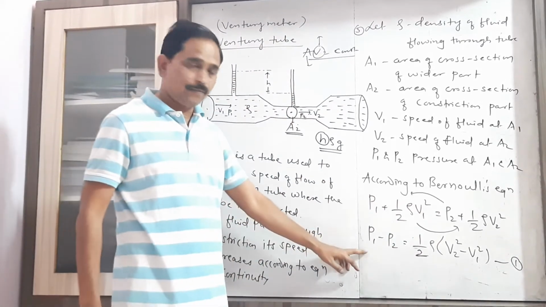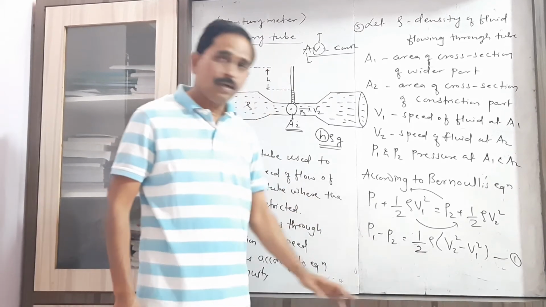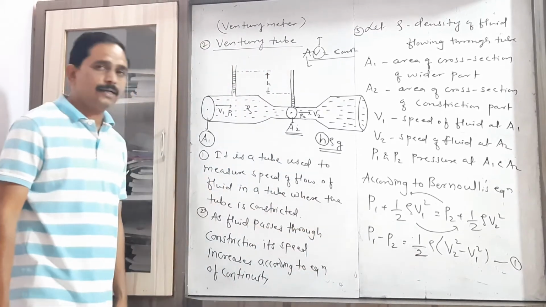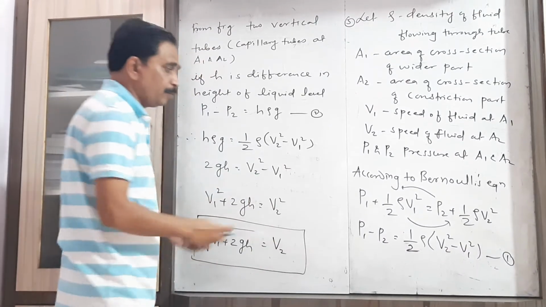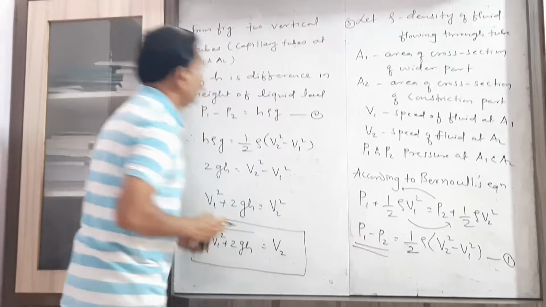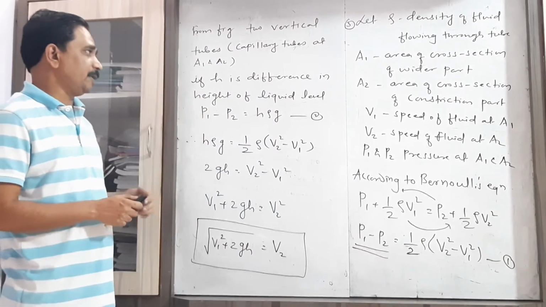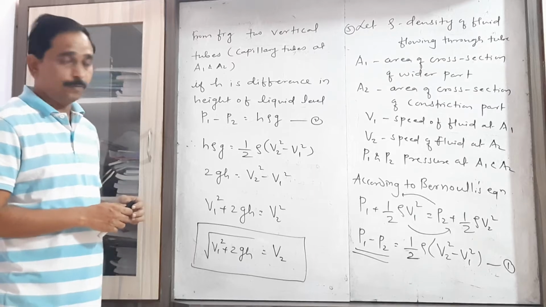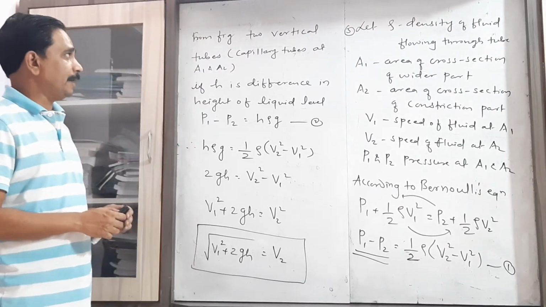We get the first equation as P1 minus P2 equal to half rho in brackets V2 square minus V1 square. Now you have to put the values of P1 and P2 by considering the level difference in a capillary tube, which is shown in that particular diagram.